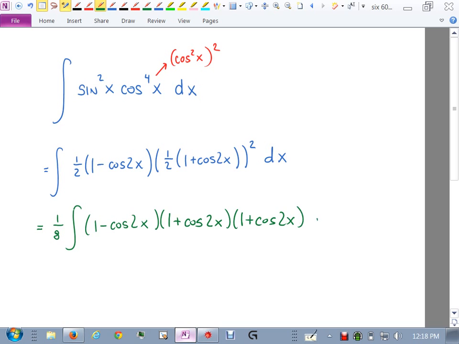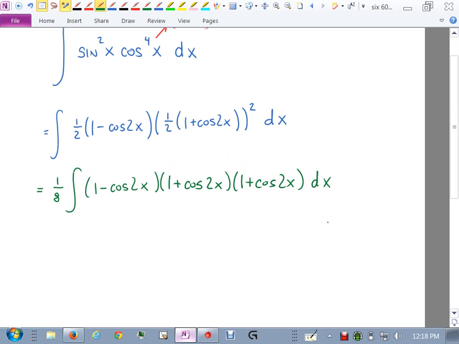Now I wrote them side by side instead of squared. Anybody have an idea why I did that? These are a difference of squares, aren't they, the first two? And it might be a little easier for me to do that before I multiply it all through.